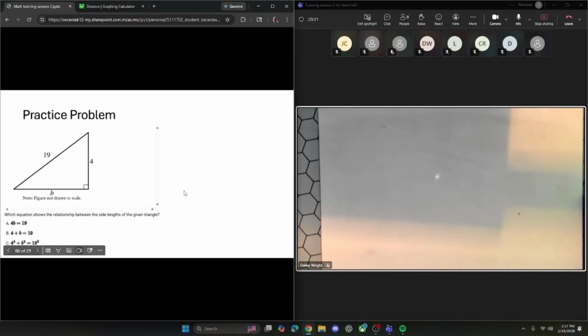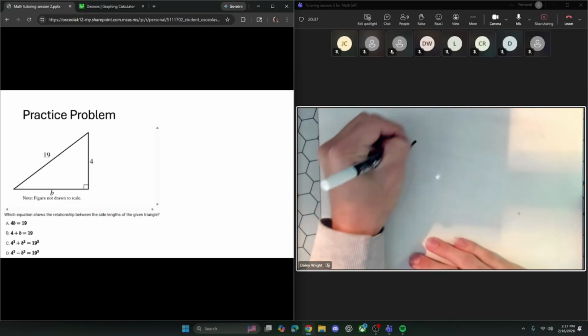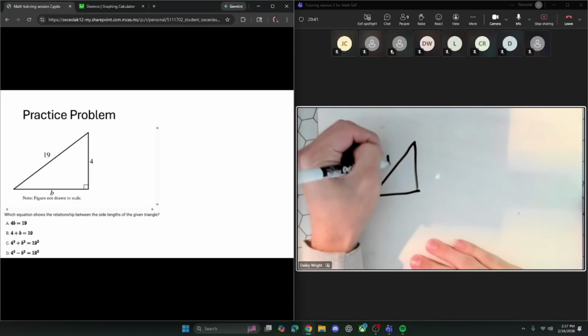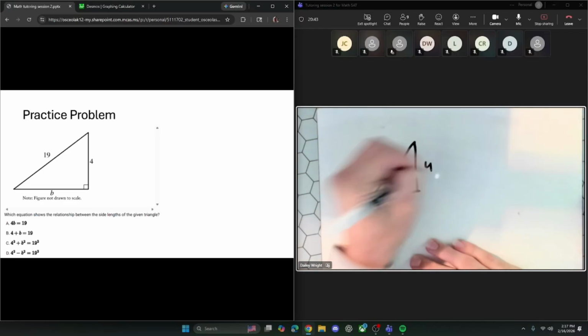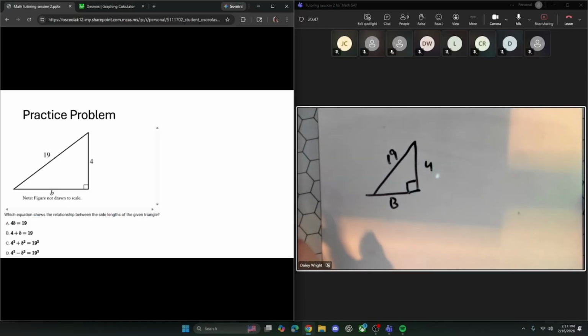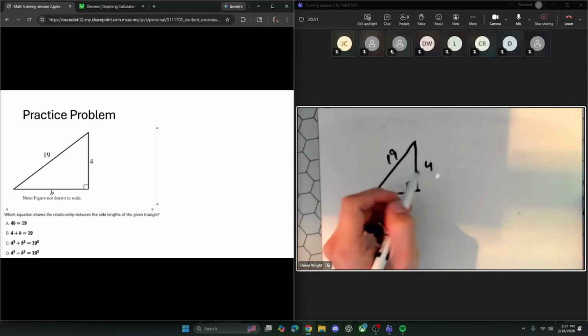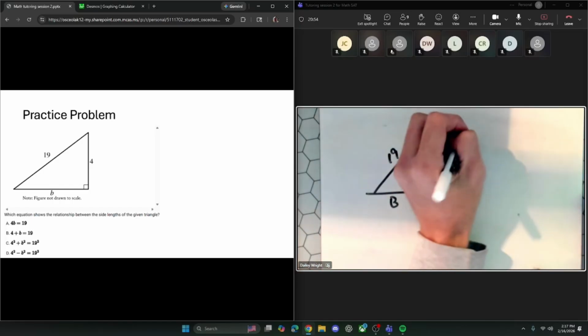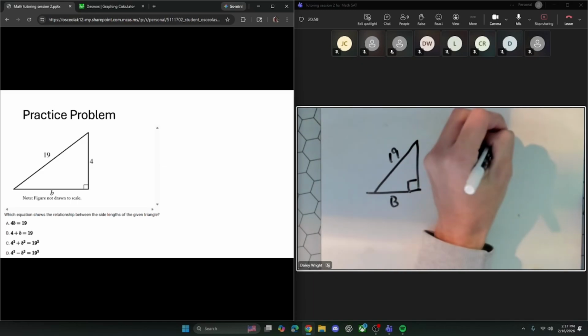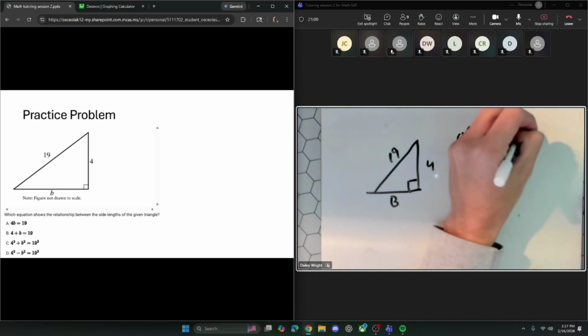So, which equation shows the relationship between the side lengths of the given triangle? Even though I see it, I love to draw out my triangles. This is 19, this is 4, this is B. Capital B, lowercase, doesn't matter too much. So, to find the last side, I need to use the Pythagorean theorem, which is a squared plus b squared equals c squared.